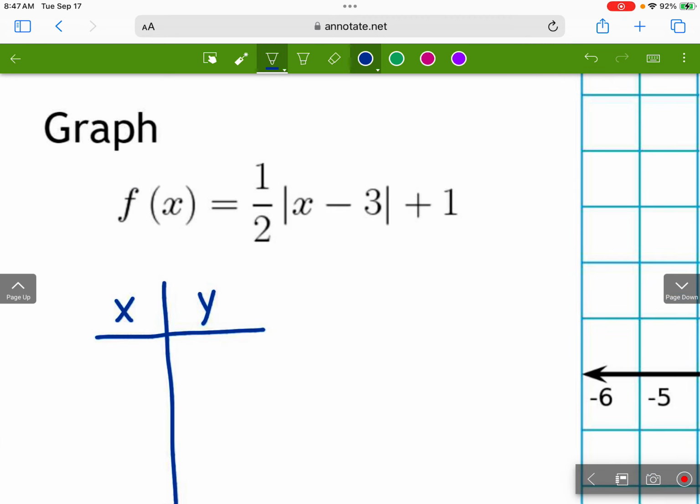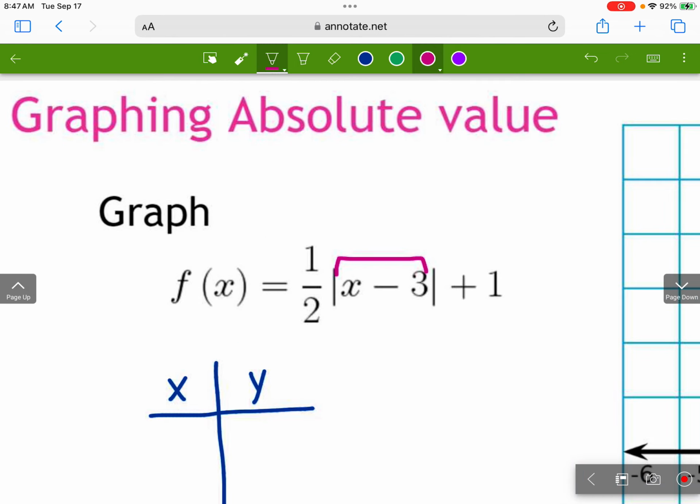There's two ways of thinking of it that give you the exact same answer. Option 1 is to figure out when this chunk in here equals 0. So when does x minus 3 equal 0?